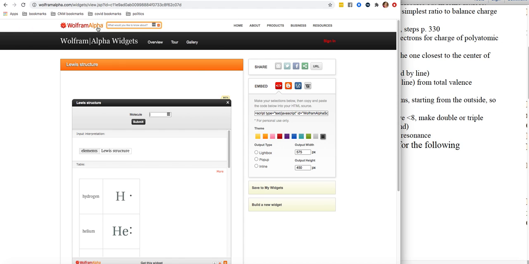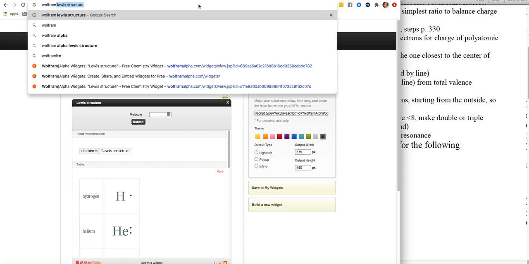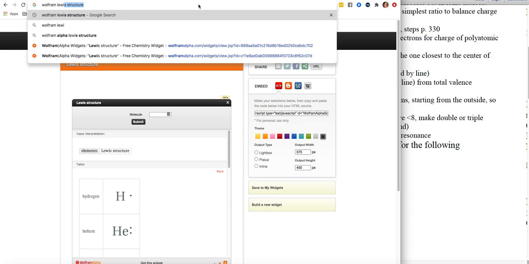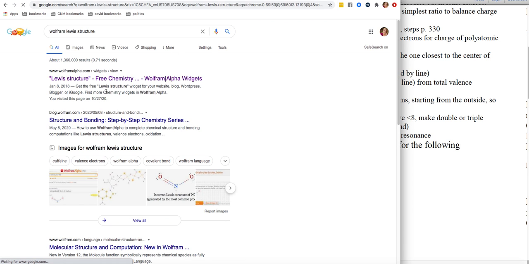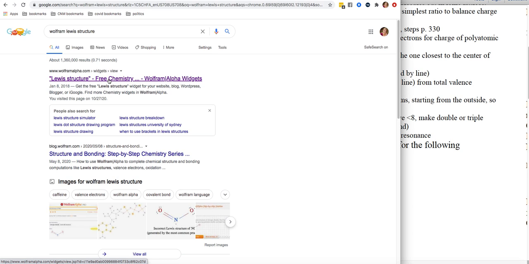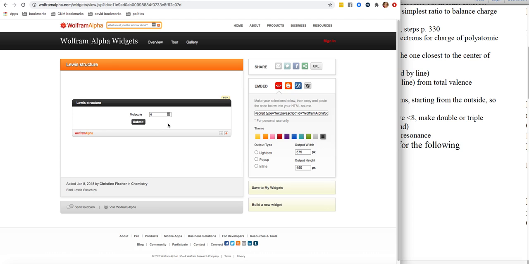And it's Wolfram Alpha, and probably the easiest way to find it is to just type in Wolfram, which is like wolf, like the animal, followed by ram, like the animal, and then type in Lewis structure. And for me anyway, this is what shows up as the very first result. And it'll look like this.